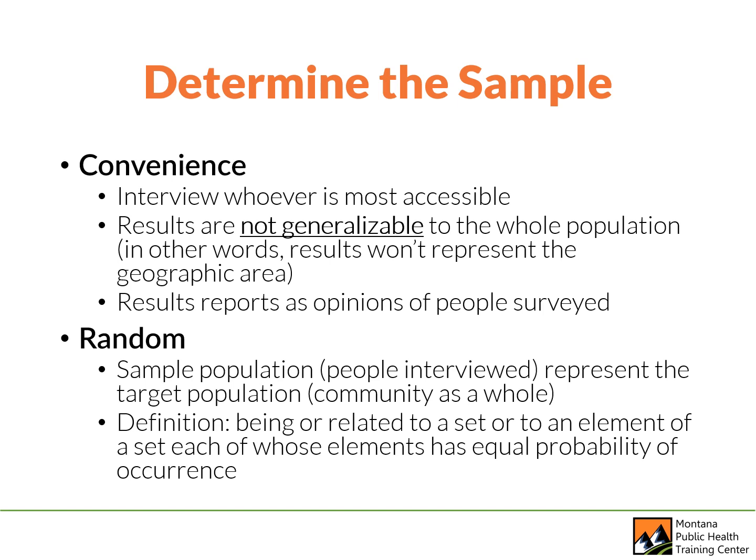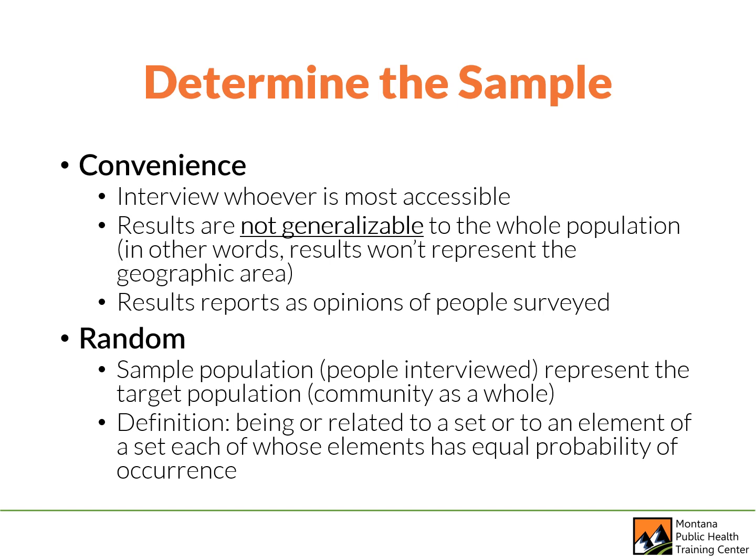The caveat with these is that the results are not generalizable to the whole population. So really what this means is the results don't represent the whole area when you're looking at it. They really are just the opinions of the people surveyed. If we really want to be able to talk about the whole population of our jurisdiction, then it's best to do a random sample.